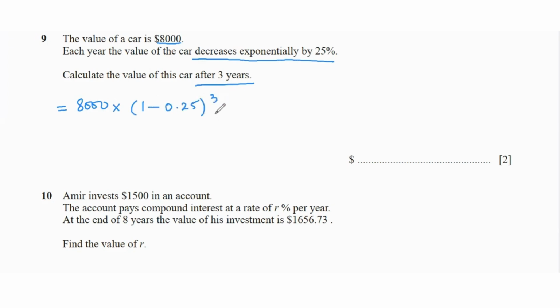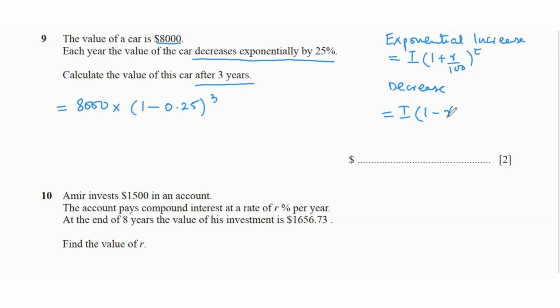of 3. So for exponential increase or decrease, if it's an exponential increase, your formula will be your initial value times 1 plus the rate at which it's increasing, to the power of t. If it's a decrease, then you subtract it.